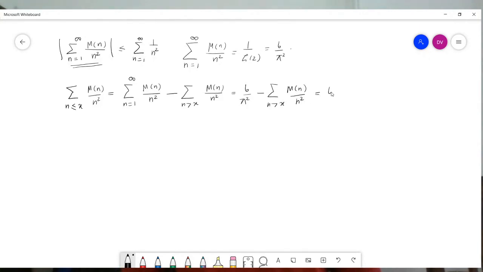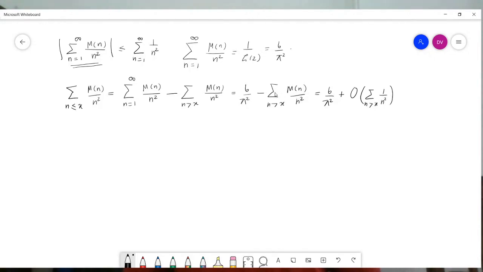But this is equal to 6 by pi square plus O of summation n greater than x, 1 by x. That is because we know that mod mu of n is always less than or equal to 1, so we get this quantity is O of 1 by n square.